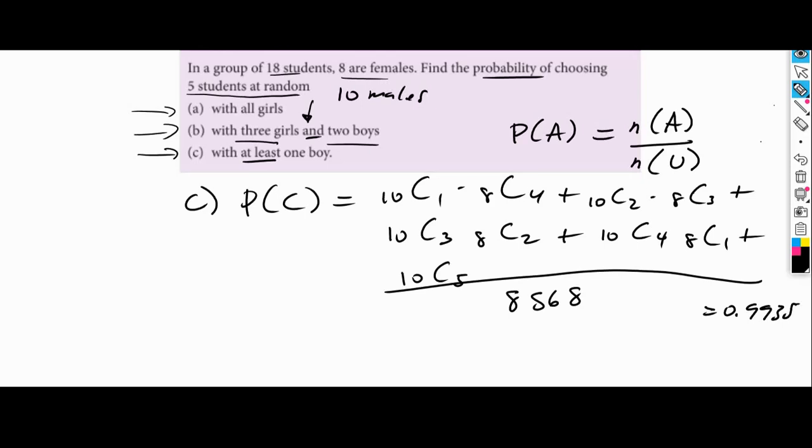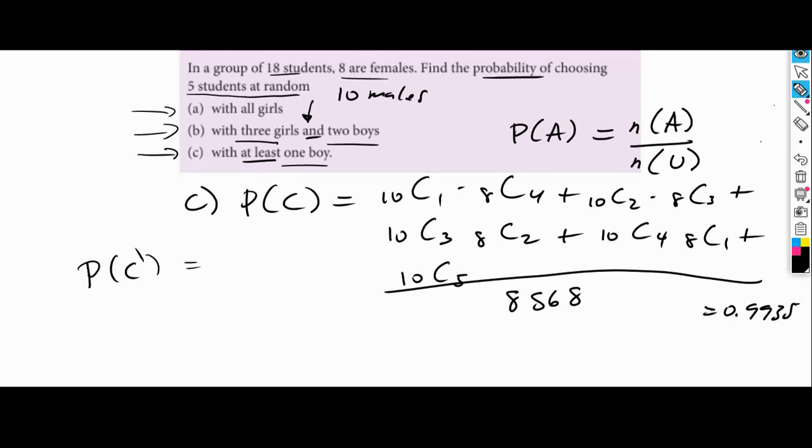So what is the short way? Well, look at it this way. If you talk about at least 1 boy, what is the complement? What is the complement of C? Well, the complement of C is having no boys, but no boys means all girls.